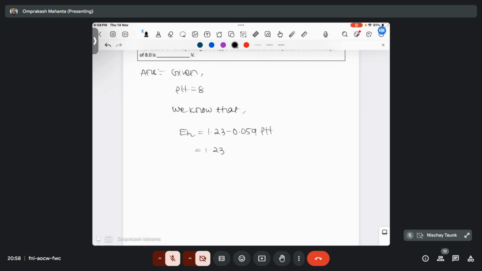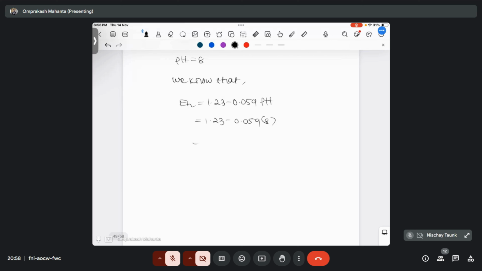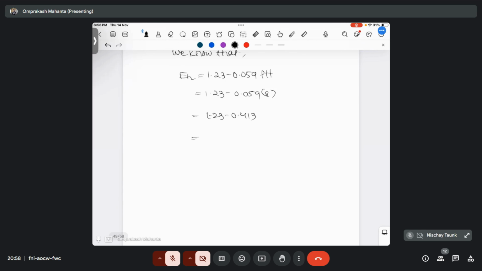So 1.23 minus 0.059 into 8. So 1.23 minus 0.413, so the answer will be 0.817. So remember that Eh is basically 1.23 minus 0.059 pH. This is the formula.